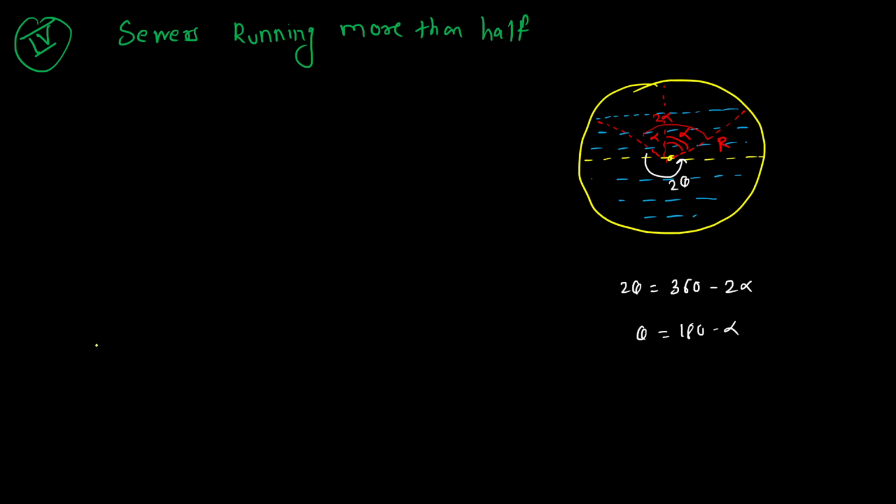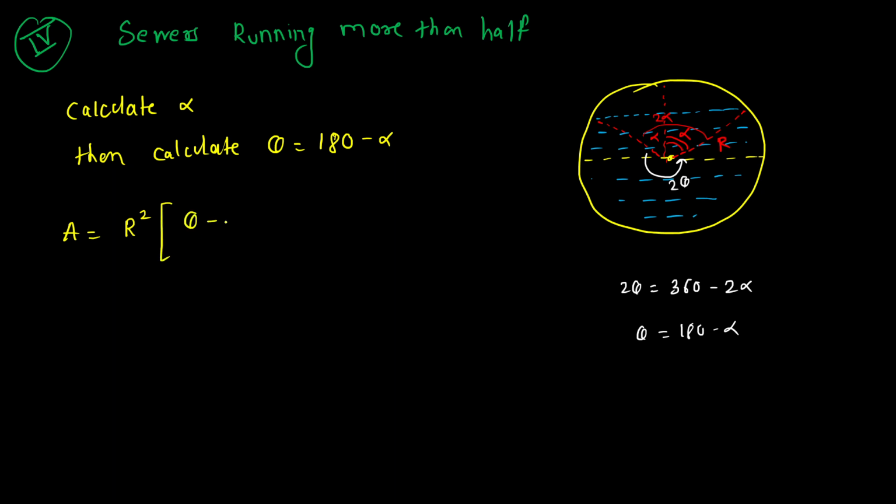So same thing, you write it here. First calculate alpha, then calculate theta as 180 minus alpha, and then same formula you use, that is weighted area A is equal to r square into theta minus sine 2 theta by 2, and P is equal to 2r theta.